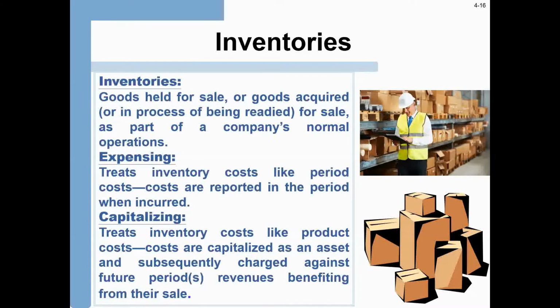These inventories are of three types. They can be in the form of raw material. They can be in the form of work in process, some goods on which the company has done some partial process, but still not completed the process, and these are not finished goods. And the last part is the finished goods.